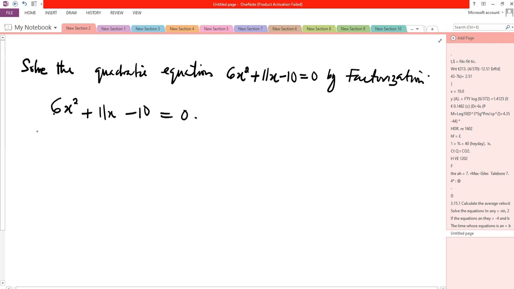By the factorization method, the way to solve this is you multiply the first term with the third term.